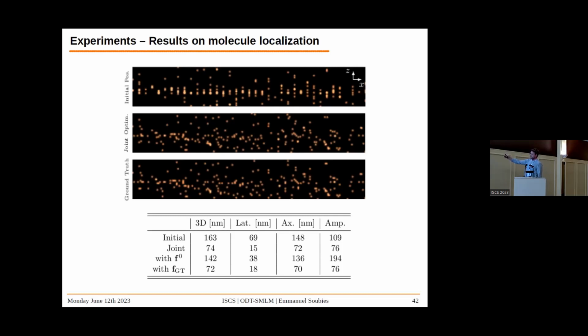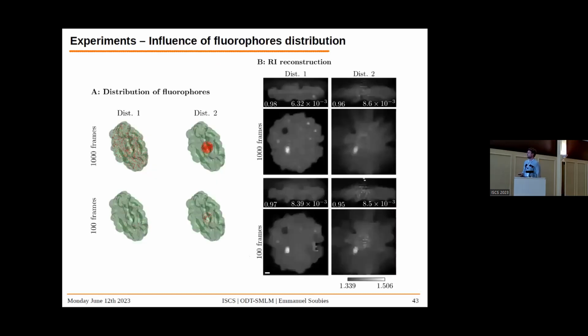We also have the comparison when we consider the initial refractive index and only optimize the positions, or when we fix the refractive index to the ground truth and optimize the positions. So we see that given the refractive index that has been estimated, we can also improve the localization of the molecules.